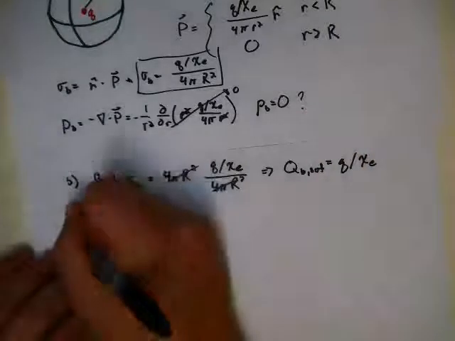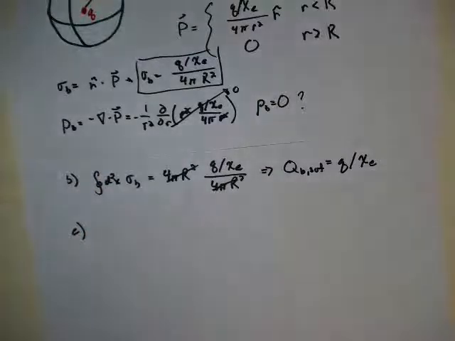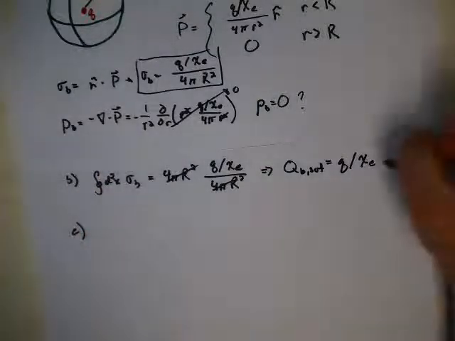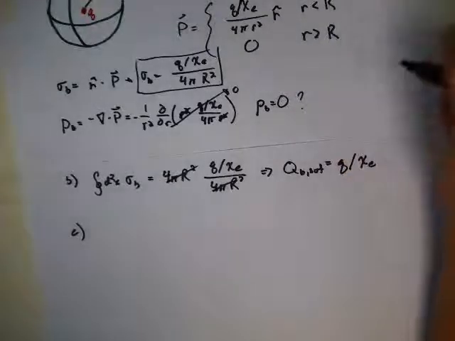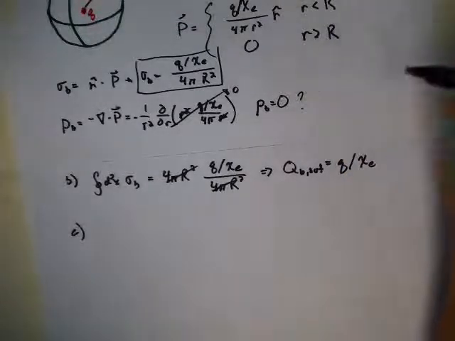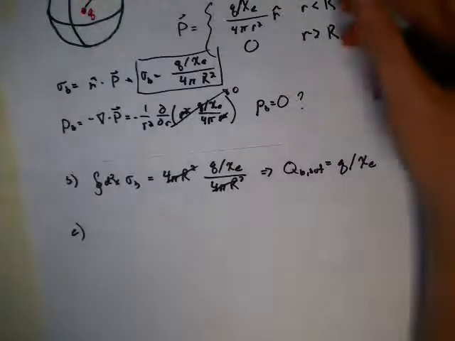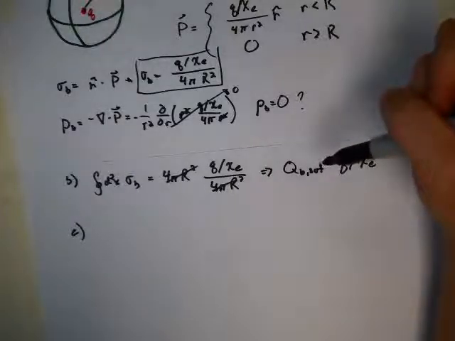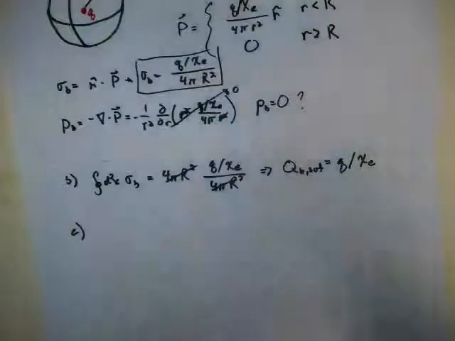Now part C says, but wait a minute, this is not 0. This evaluated to 0 if we did it slightly incorrectly, so where is the compensating charge for the surface charge? Because we know that the total bound charge in a system is always 0 when I have a neutral dielectric.